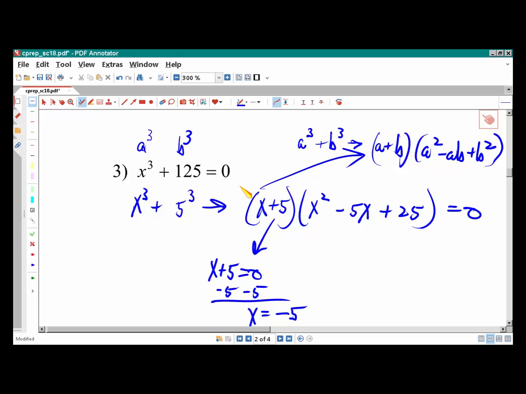And in the other one, I have to use the quadratic formula. So, for this equation, my a is 1, my b is negative 5, and c is 25.